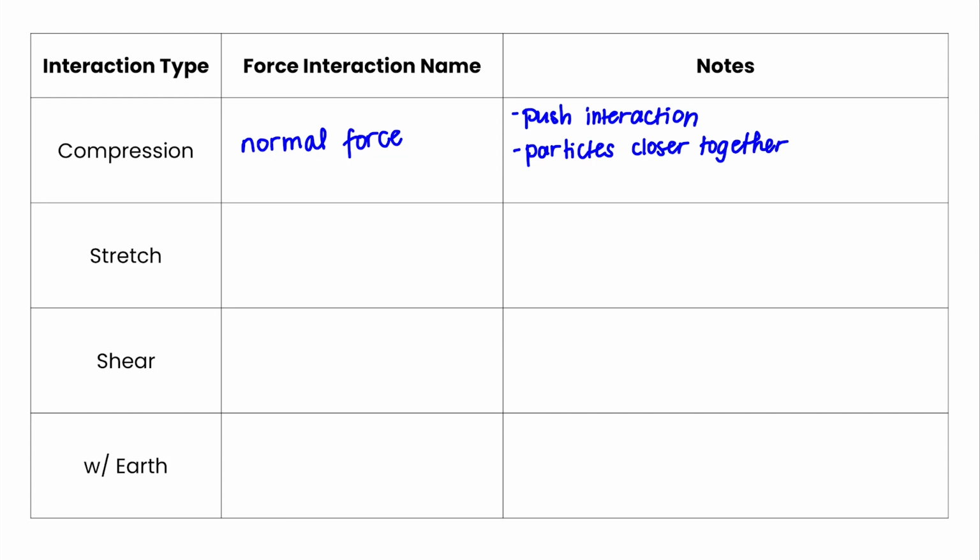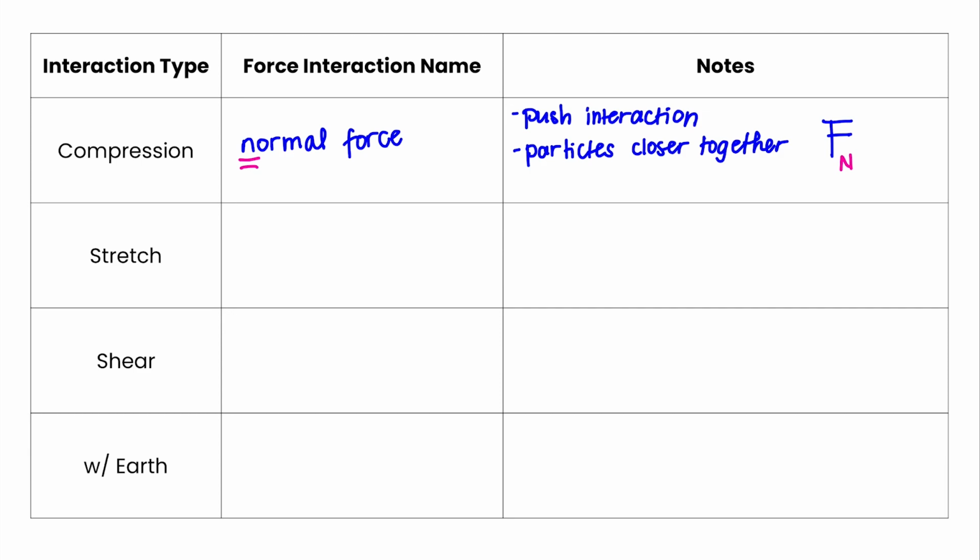Okay, and the way we would symbolize that would be capital F for force, and then subscript N, right, for normal. All right, so this symbol signifies that there is some sort of compression interaction. There's a push, or particles are coming closer together.